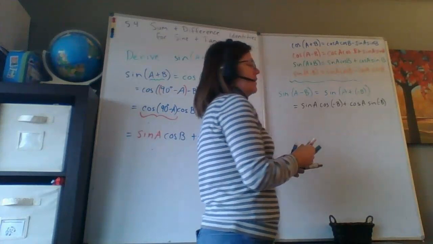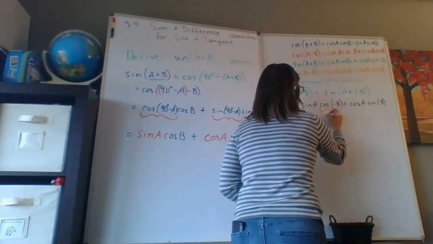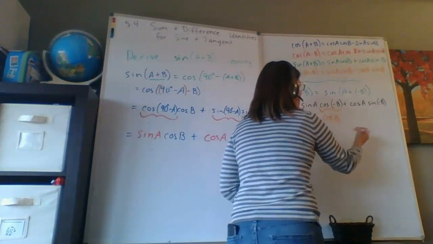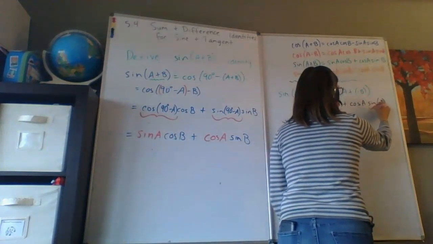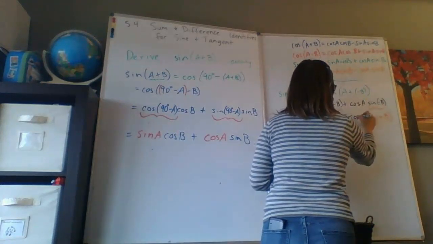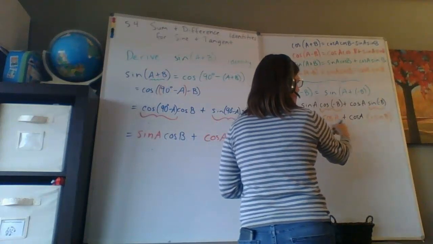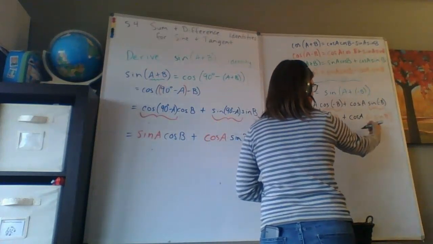Because of our negative angle identities, cosine of negative b is the same as cosine of b, but sine of negative b is the negative of sine b. Bringing the rest down, we end up with sine a cosine b minus cosine a sine b.